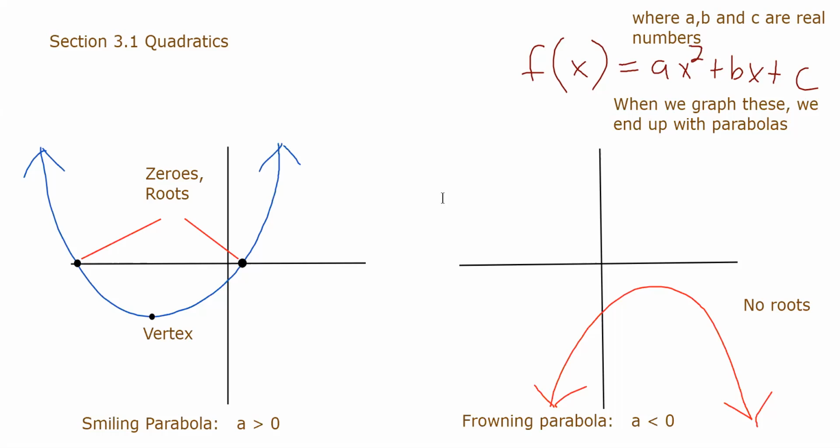That wasn't just some random word we thought of that sounds confusing. It's called the discriminant because it discriminates between the types of solutions that a quadratic can have. If the discriminant is positive, when you graph the parabola, it's going to cross the x-axis 2 times at 2 different points.